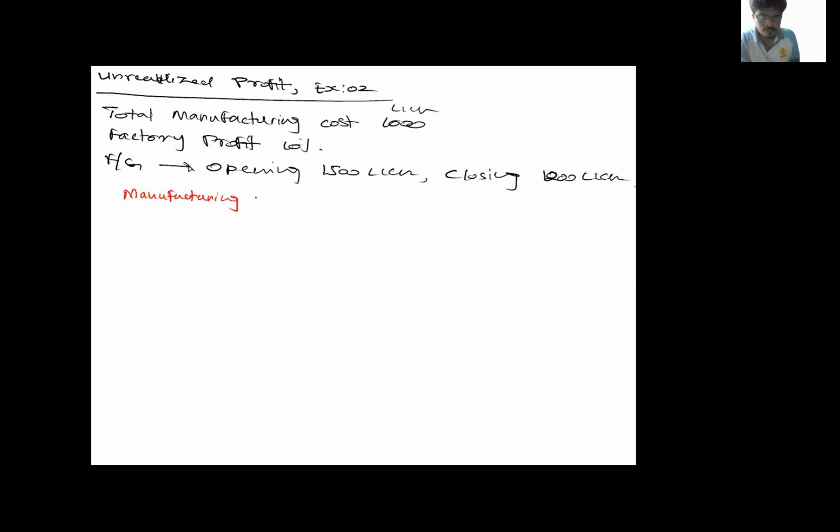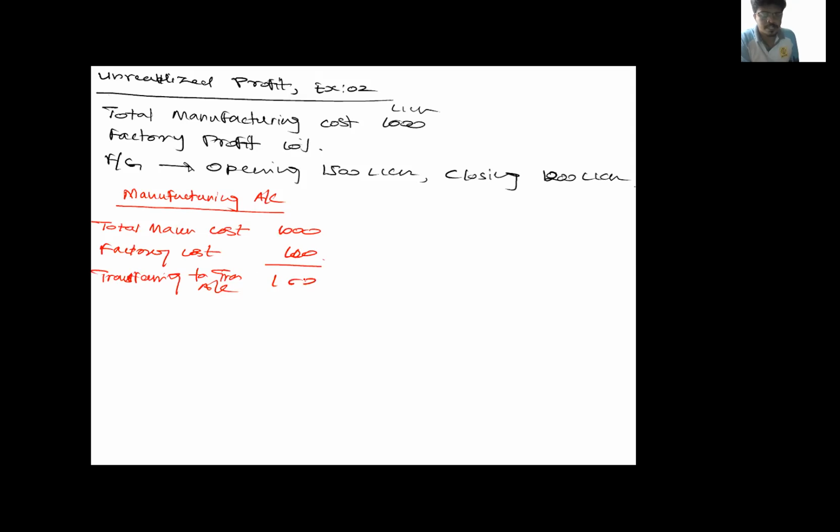In manufacturing account, we are going to have total manufacturing cost has been given as 1000. Then we are adding factory profit. 10% means 100. That means we are transferring to trading account 1100.